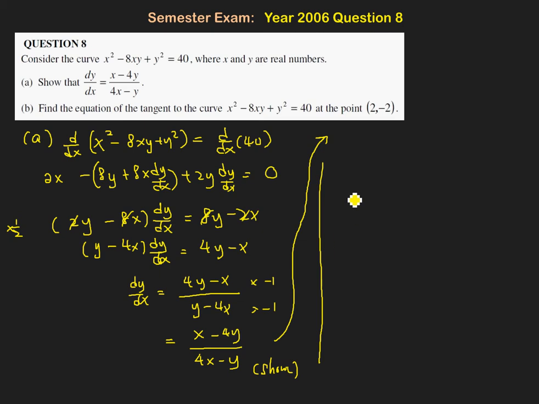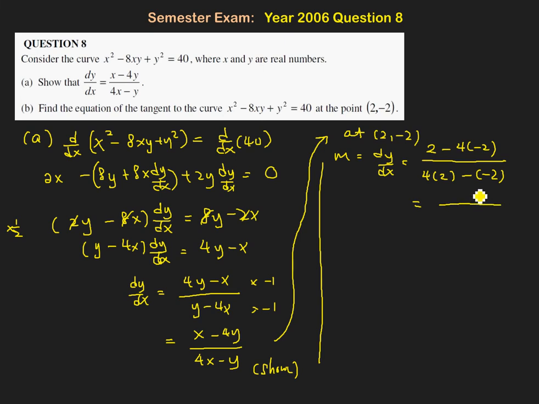To find the equation of the tangent, first we need to find the slope. So at the point (2, -2) given to you, the slope is dy/dx, and all you need to do is just substitute. And this is actually 10, and this is also 10, and this is 1.